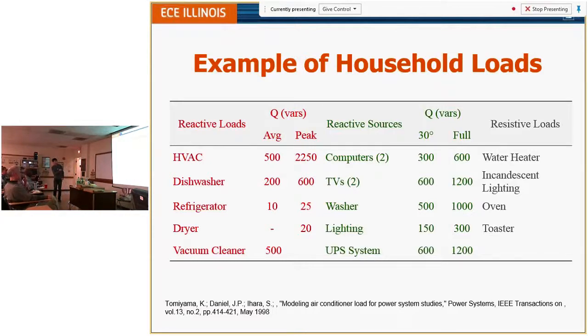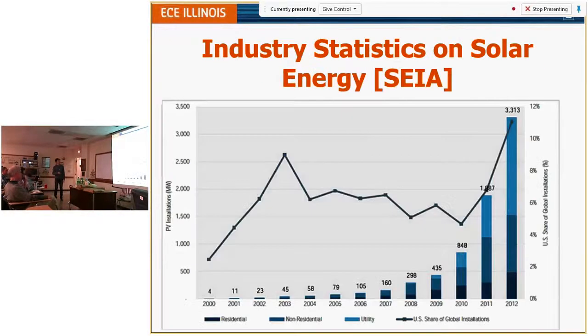Of course, there are other resistive loads, like heaters, incandescent lighting, ovens, and toasters. I'll give you a little statistic on solar energy. From the year 2000 to last year, 2012, solar energy globally went from about 4 megawatts of installation to around 3,300 megawatts around the globe. And now U.S.